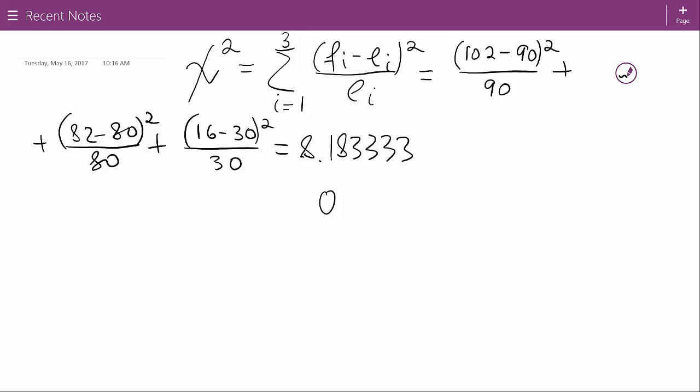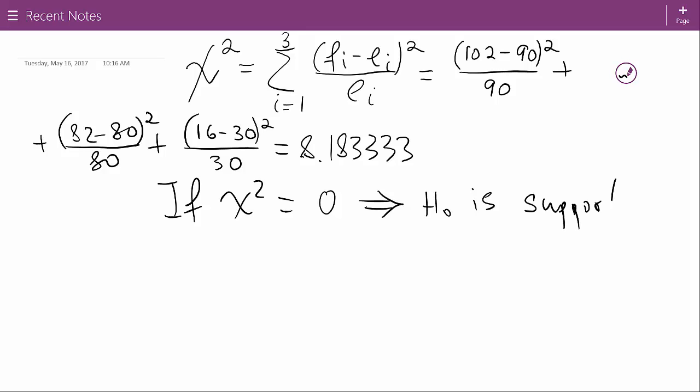So if the chi-squared value is equal to 0, then we have overwhelming, strong evidence to support the null hypothesis. So I'm going to erase that ugly arrow and replace it with a nice and cute one. So therefore, I pick: null hypothesis is supported. Now, true or false: as I start seeing larger and larger differences between what's expected and what's observed, that's when my chi-squared goes up.